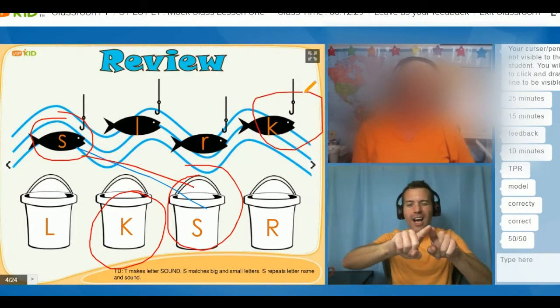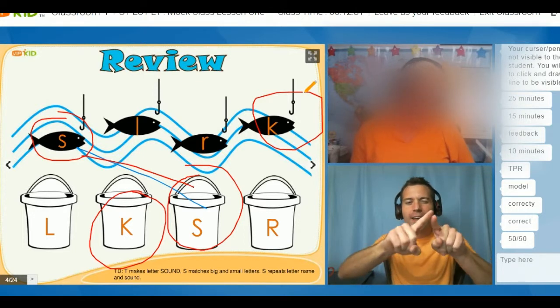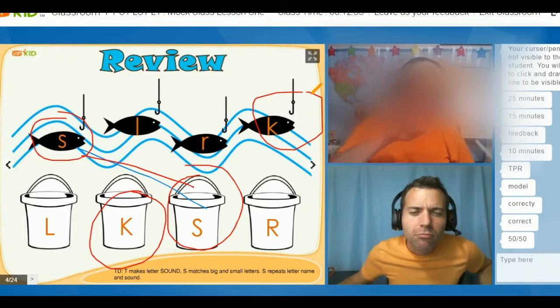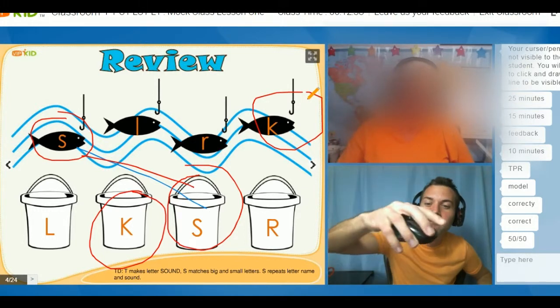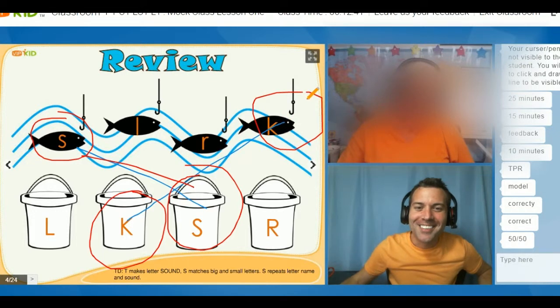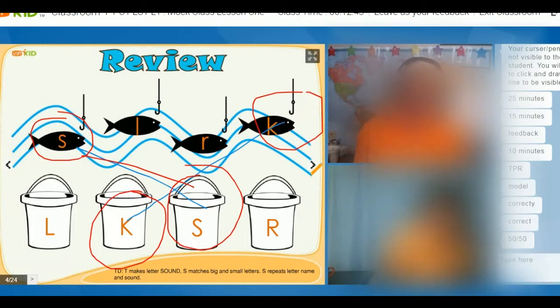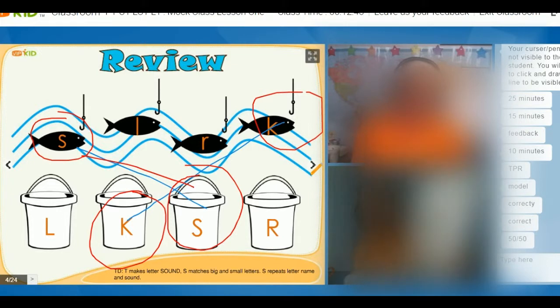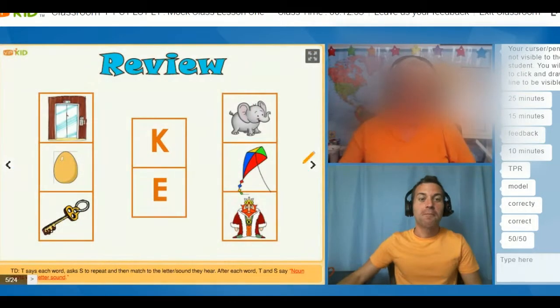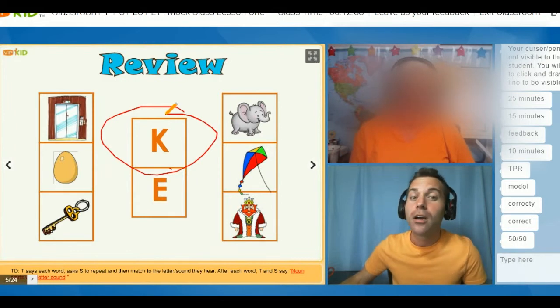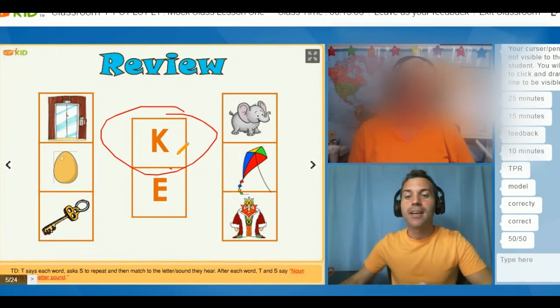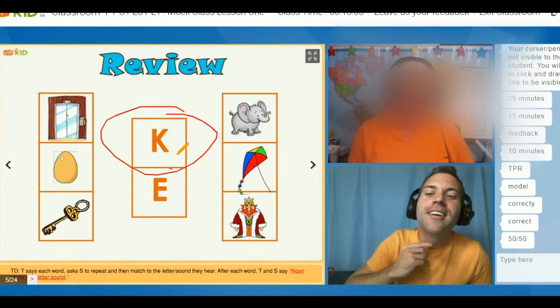You draw a line to big K. Good job. That's 4 leaves. 1, 2, 3, 4 leaves. Thank you. K makes the sound K.